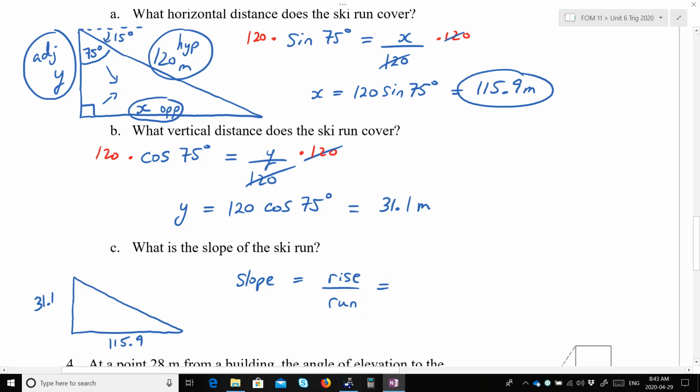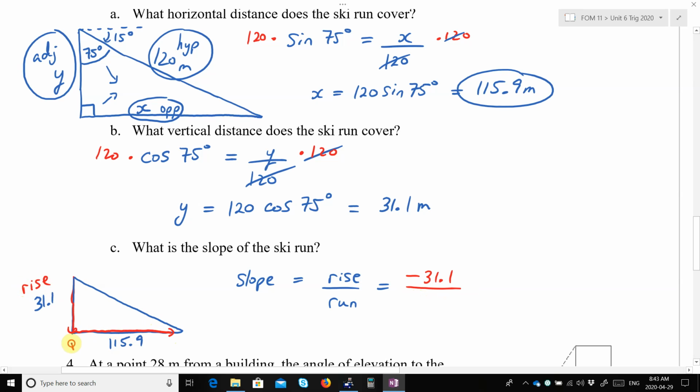And our rise is actually negative because when you go down a ski slope, you're going down like this. So our rise is actually negative 31.1, and the run is the distance you travel horizontally.